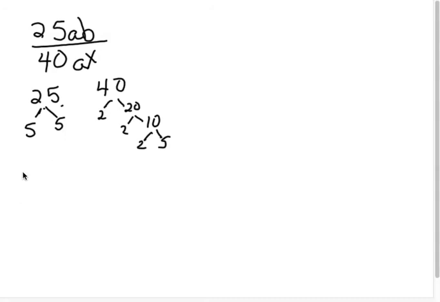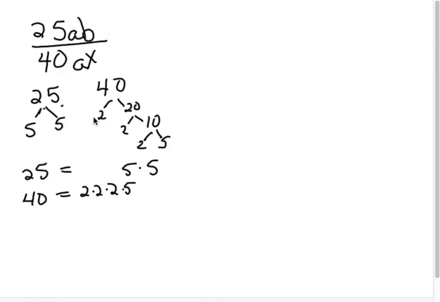Okay, so now I can say that 25 equals, and I'm going to put the 5 times 5 out here, because I know when I have 40, it's going to be 2 times 2 times 2 times 5. And so I want to squish in those 2's ahead of that.